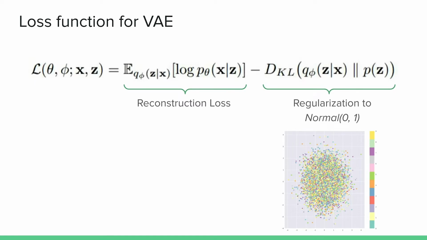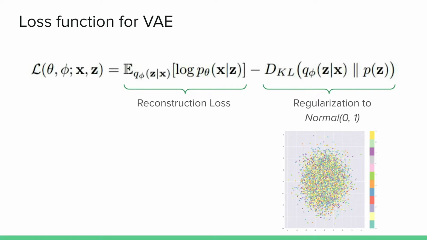The loss function for our variational autoencoder is pretty similar to what we have had before. We again have our reconstruction loss. The only difference is that now we're having an expectation because, as I said before, we're having a probability distribution in the middle of our network. So we have to use the expectation here.